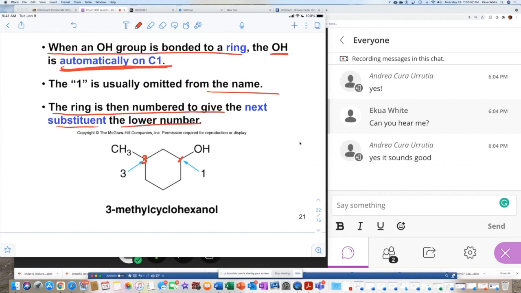So 1, 2, 3. This is essentially cyclo because it's cyclic, hexanol, so cyclohexanol takes care of all of this. Then on carbon 3, you have the methyl group. So 3-methylcyclohexanol.